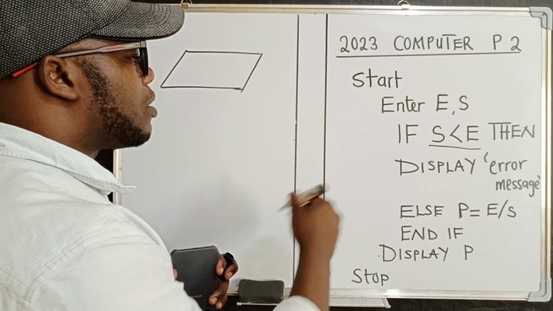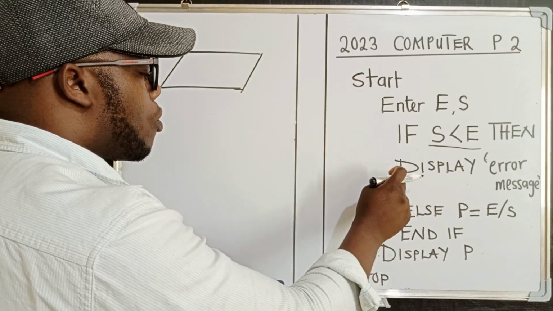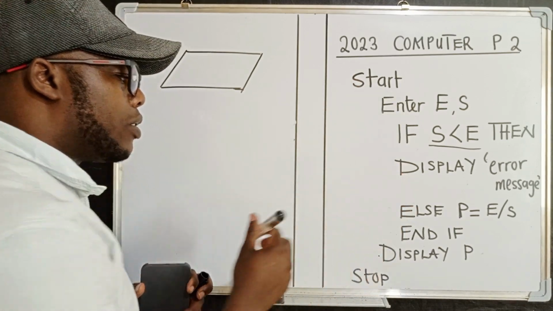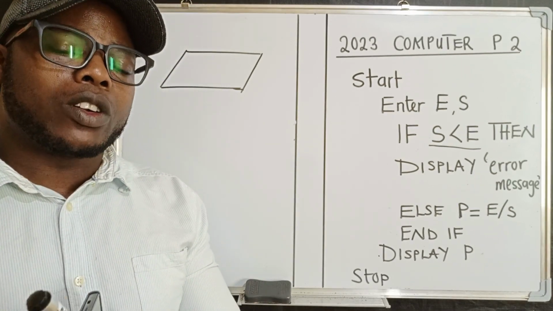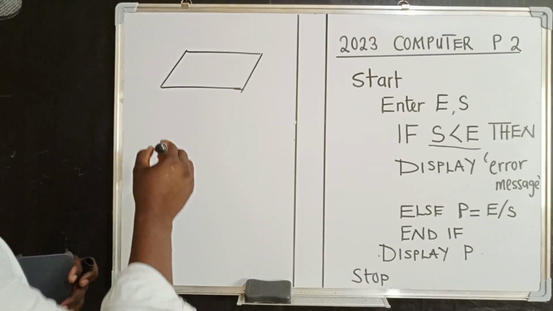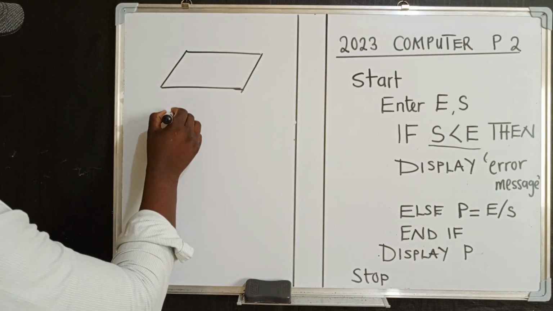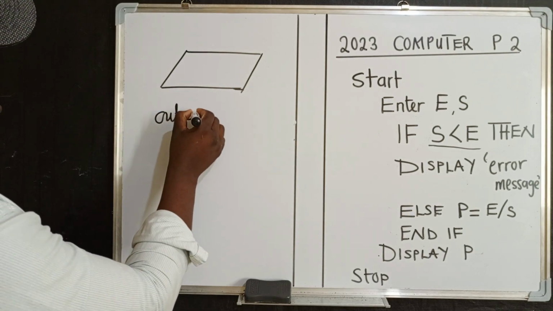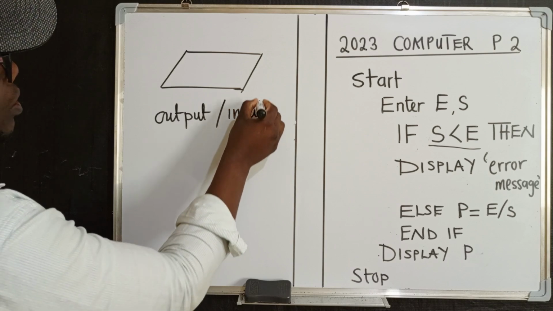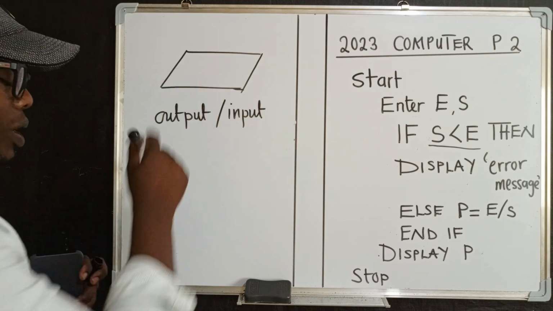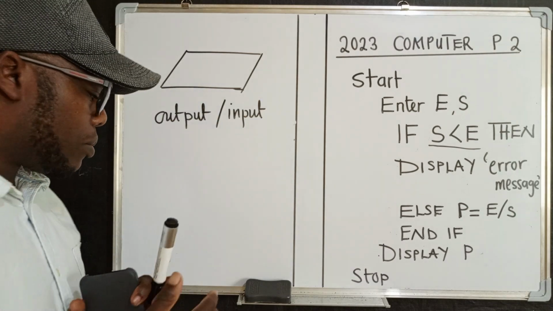In this case, it's enter or display here, display there. We have to use the parallelogram. Or wherever you see the word output or input, we use this shape. Okay.